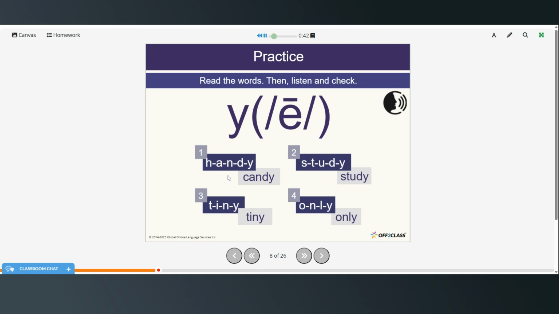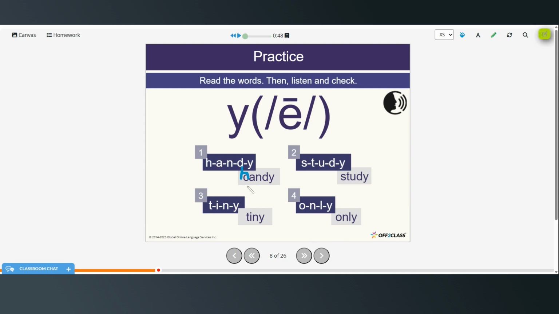a, n, d, e, handy. s, t, d, e, study. t, I, n, e, tiny. o, n, o, e, only.